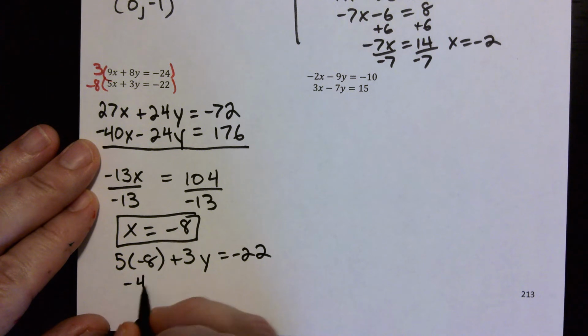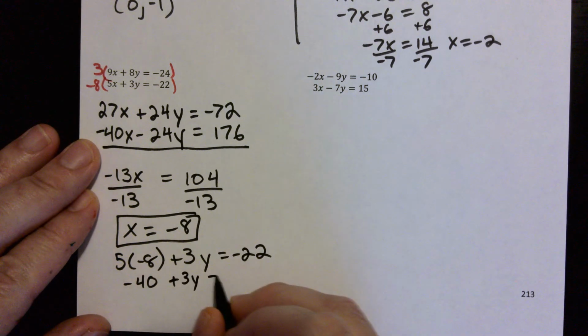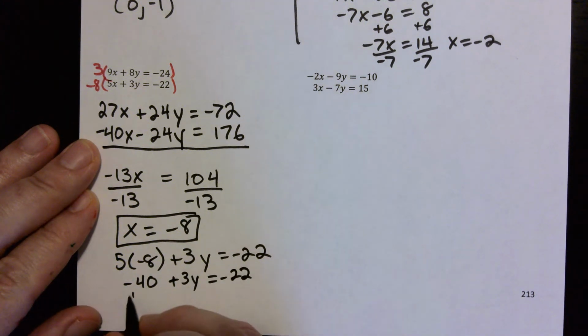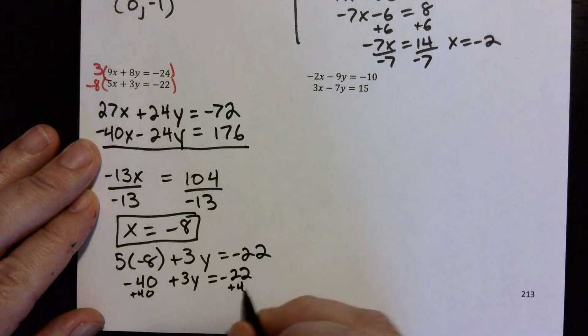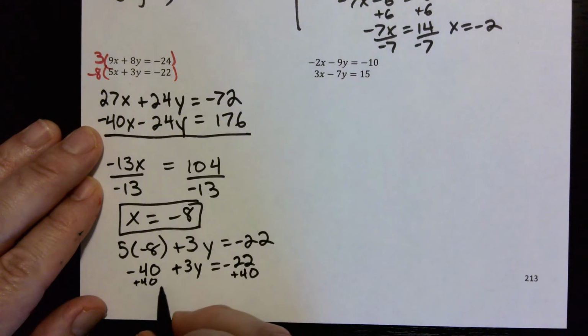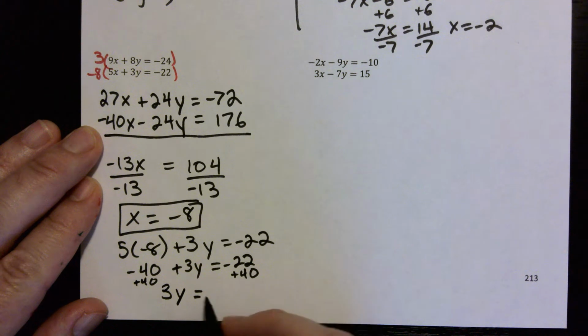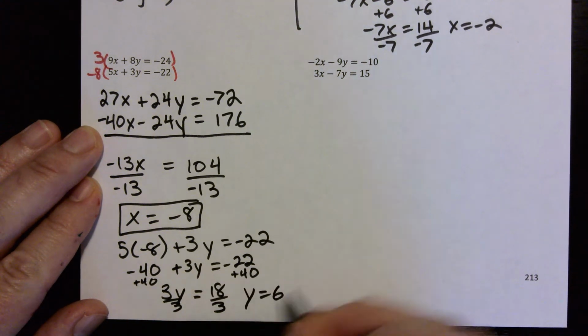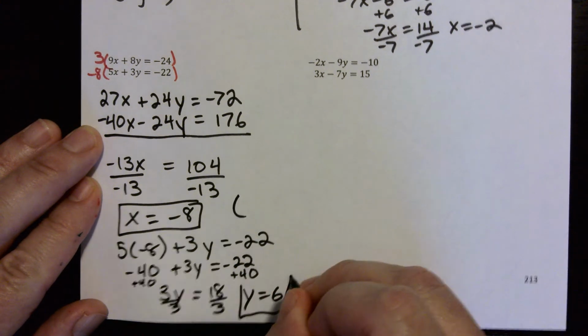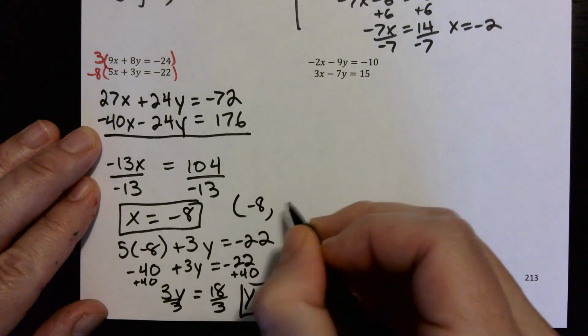So that's negative 40 plus 3y equals negative 22. We add the 40. Okay, so that gives us 3y is equal to 18. Divide by 3, you get y is equal to 6. So our ordered pair solution is going to be negative 8, 6.